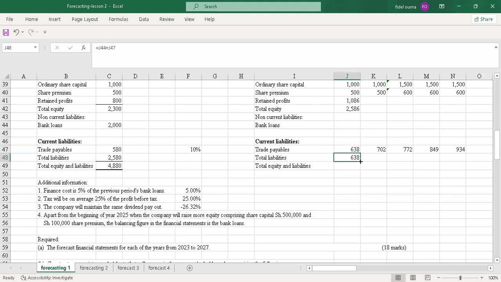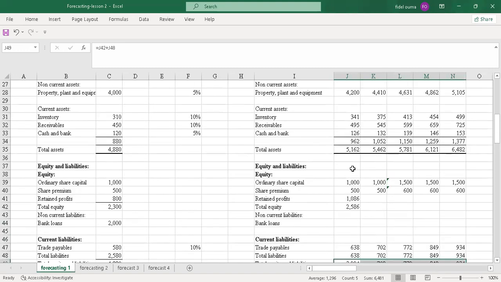So I'll just drag all through so that the values will change automatically as we get the bank loans value. So the total equity and liabilities will be equals to this plus this value here. So I enter.